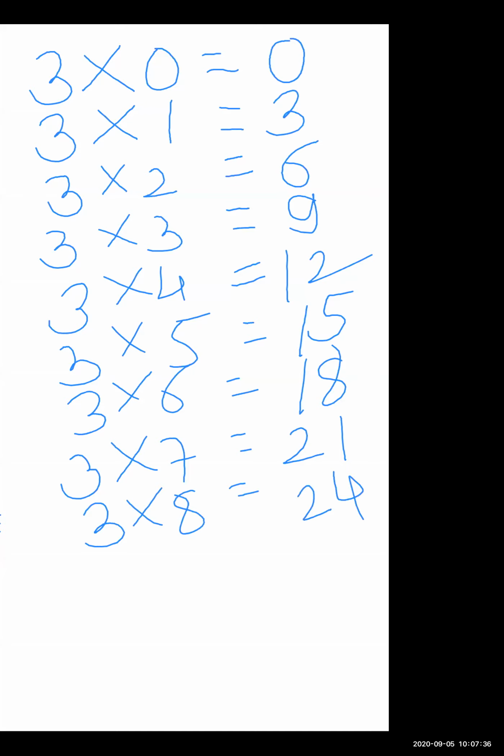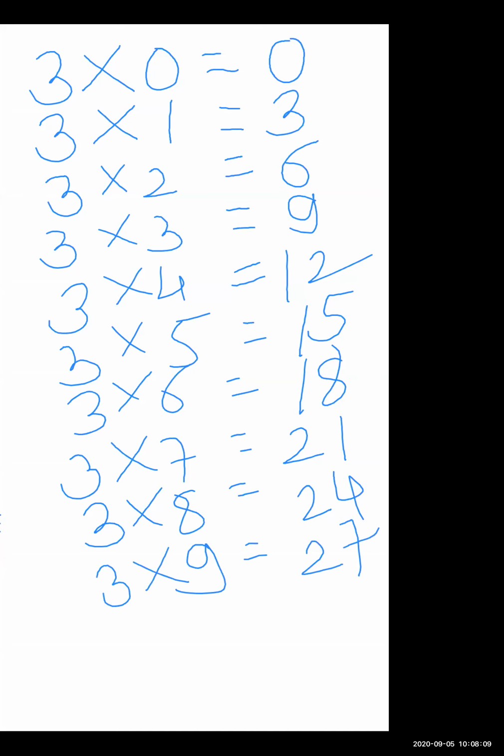Okay, now we'll be adding 3 9 times. Now let's see. 3 into 9. Here we will be adding 3 9 times, and after adding, we'll get the answer 27. 3 9s are 27.